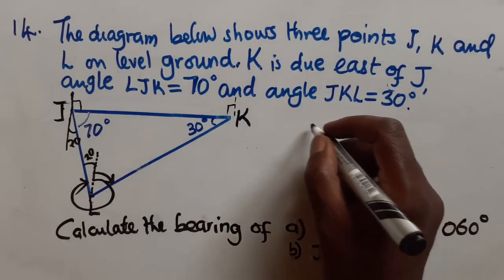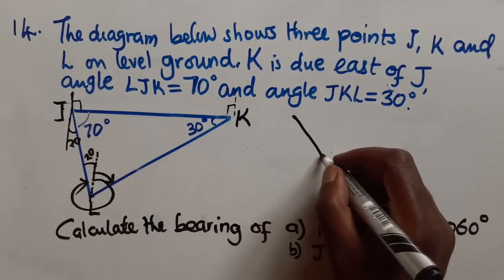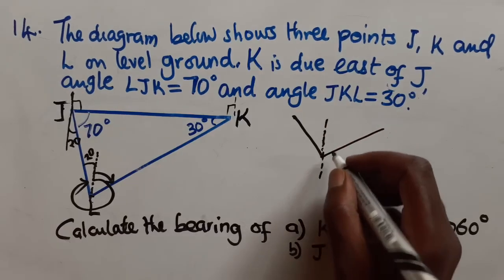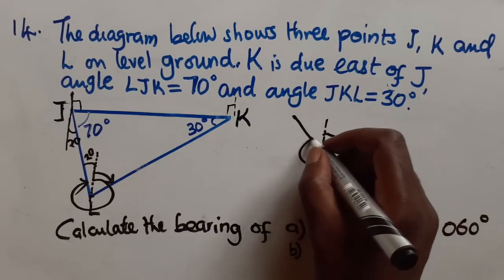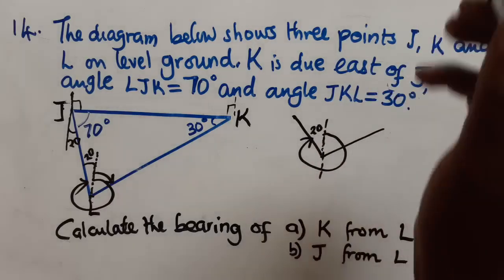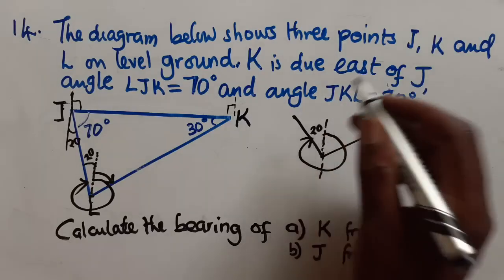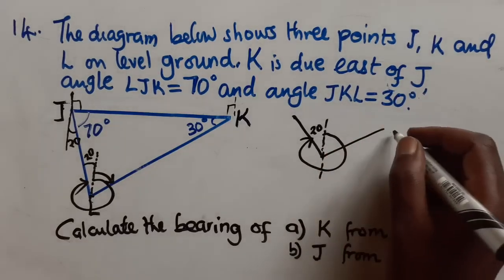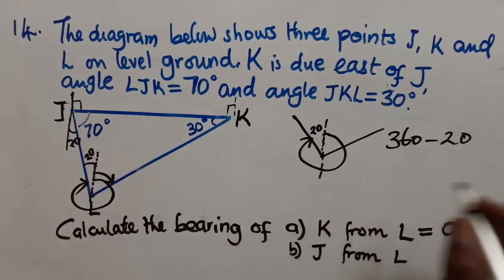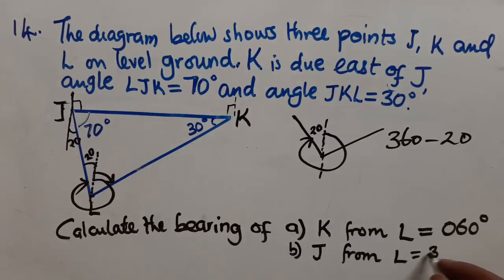From J, it's this angle that we want. And what do we have here? We have 20. This 20 is what we do not want. So you need to remove this 20 from 360, which is a complete turn. What do you get? You're going to get 340 degrees. That is going to be our answer here.